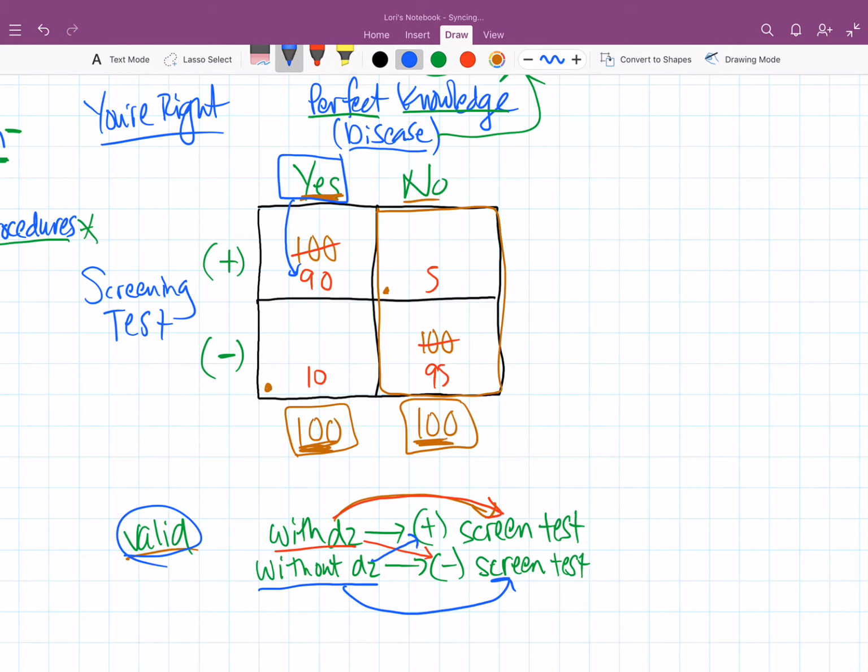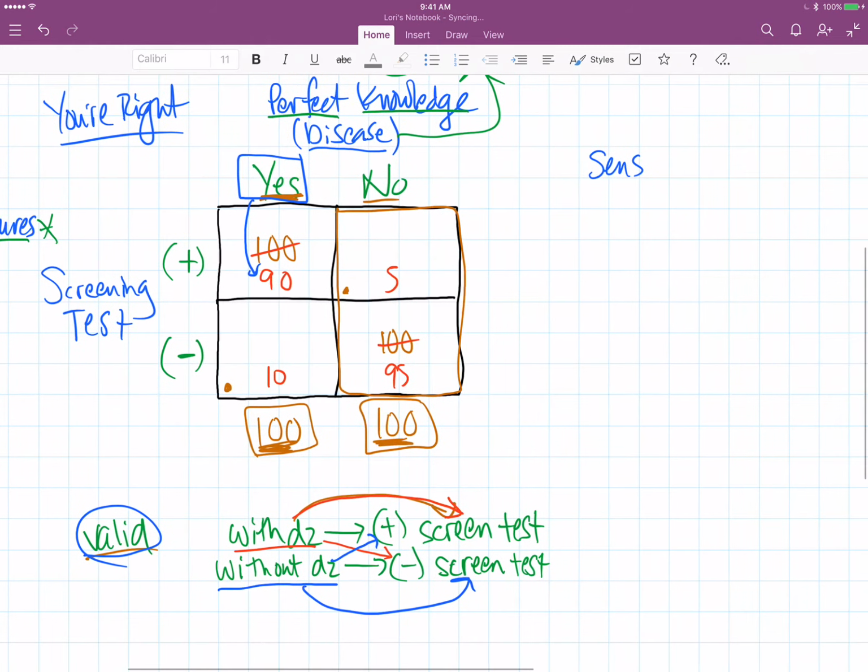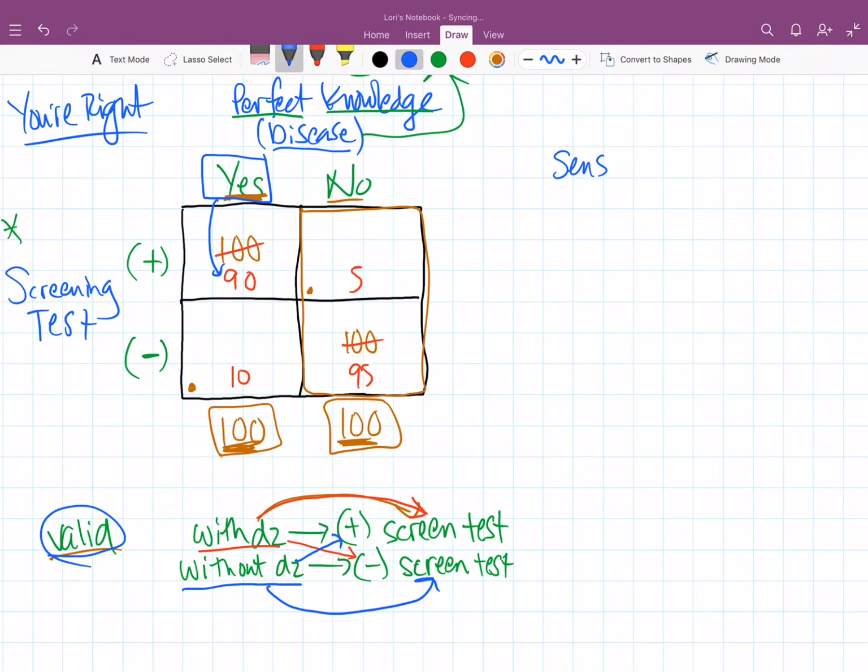So sensitivity is the amount of the time that, of those people with disease, how many of them had a positive screening test?